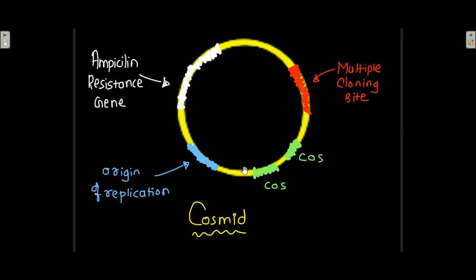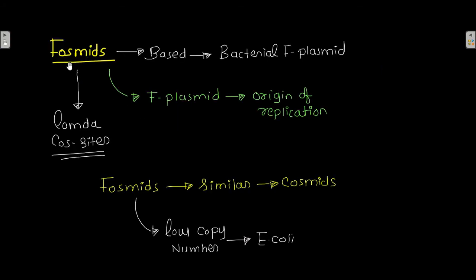It contains a multiple cloning site, ampicillin resistance gene, and origin of replication, as the other vectors do, but other plasmid vectors don't contain cos sites. This Cosmid also contains cos sites, and that is the distinguishing feature of Cosmids.